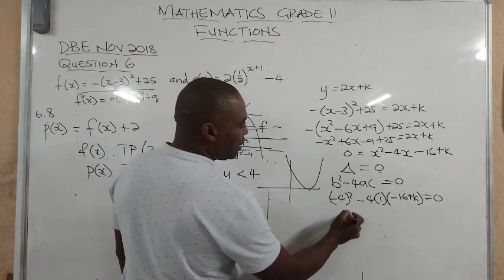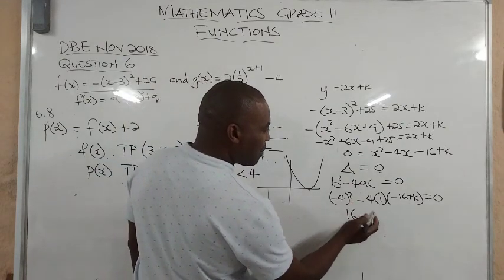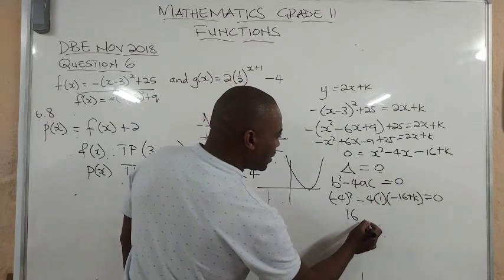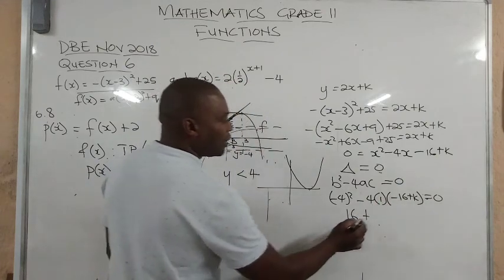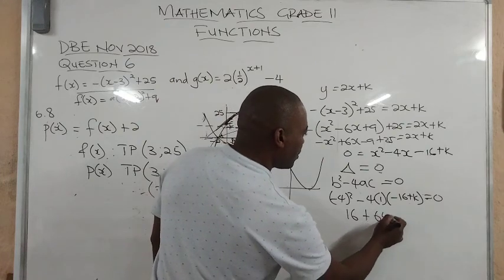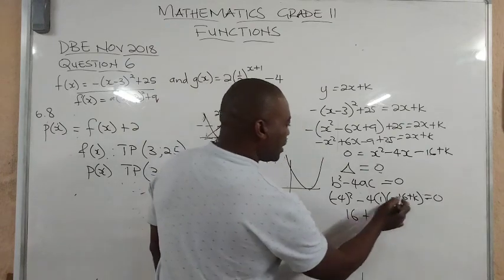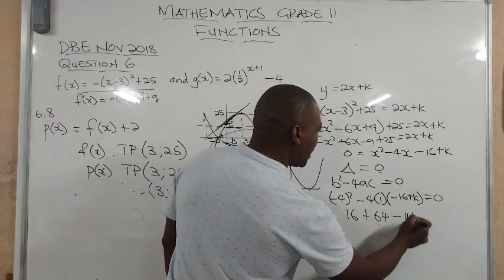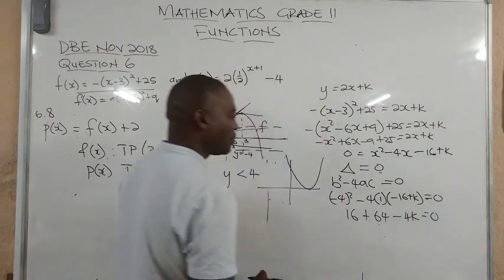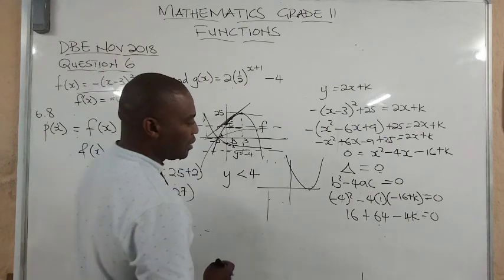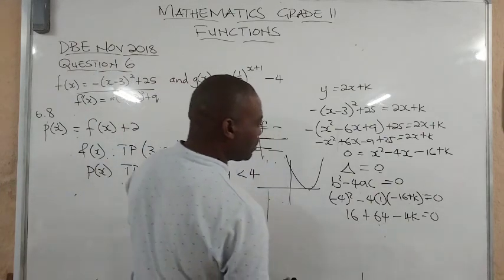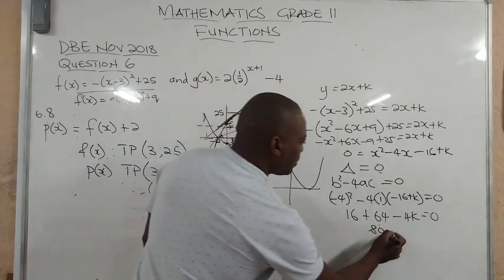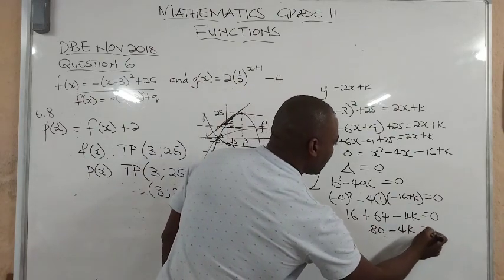So if we square here, we get 16, and then minus 4 by 16, that's a positive 64, and then minus 4 by k, that is minus 4k, is equal to 0. So 16 plus 64, that would be 80 minus 4k is equal to 0.